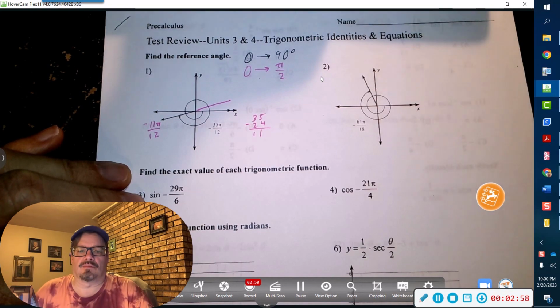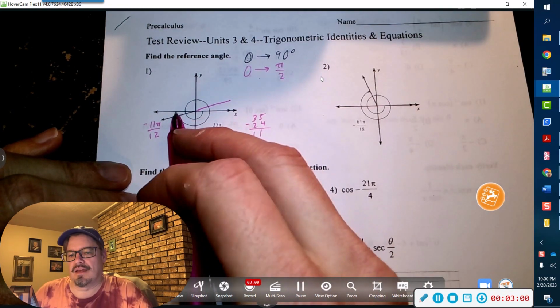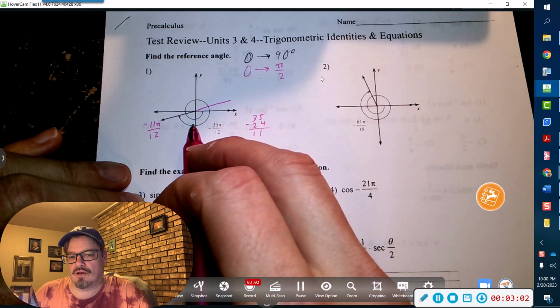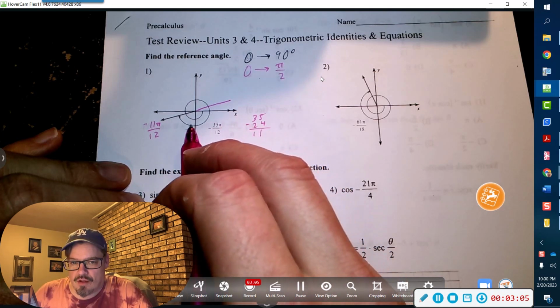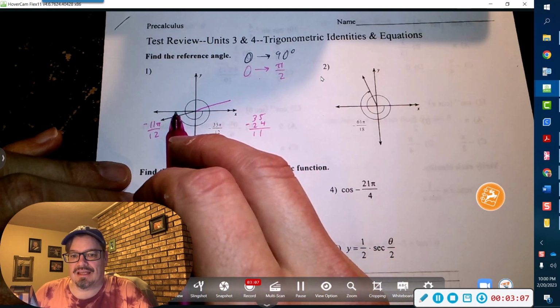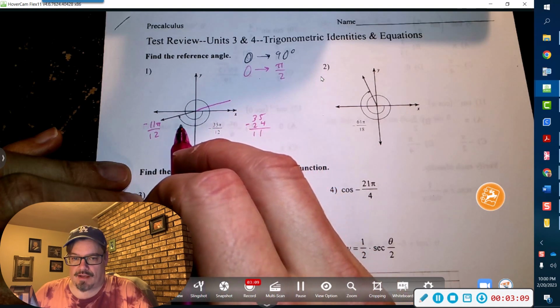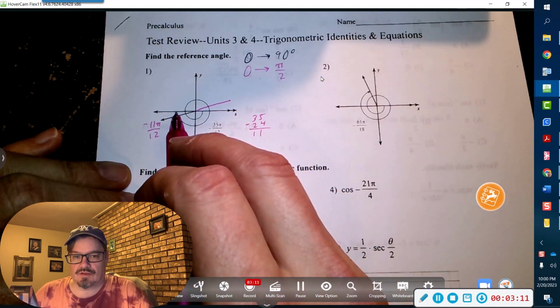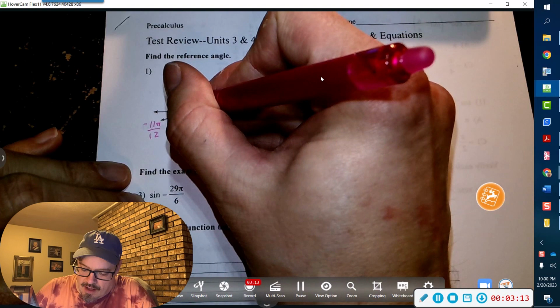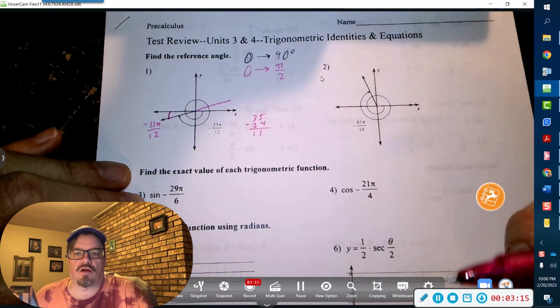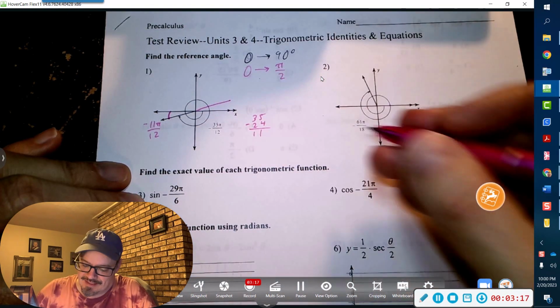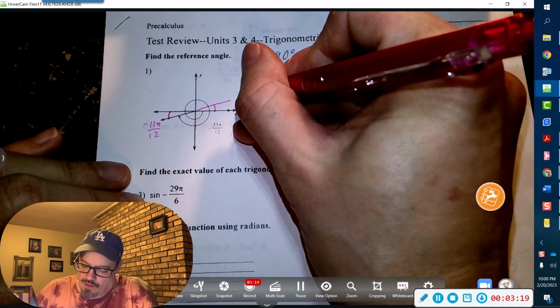So when I have something like that, then that means that if I'm a negative 11 here, a full 180 is negative 12 pi over 12. So this means that I am 1/12 away from the end here. So this means that this guy has to be pi over 12.